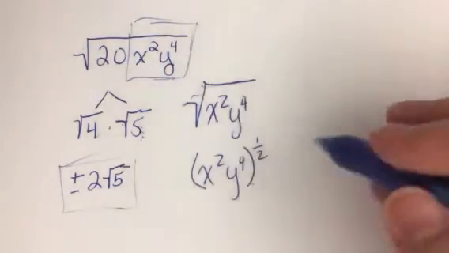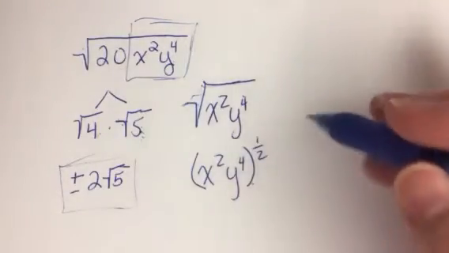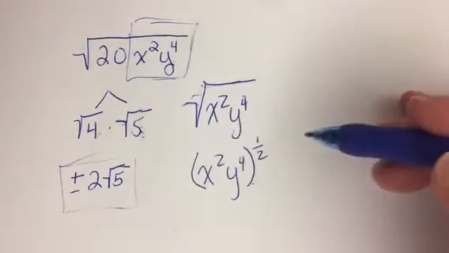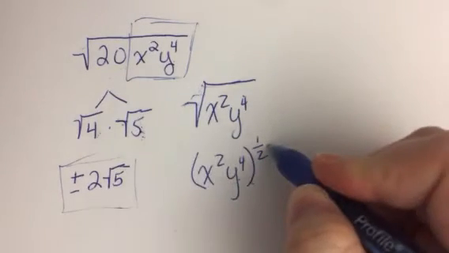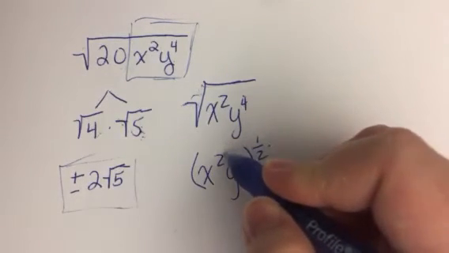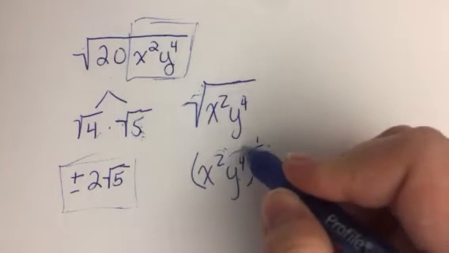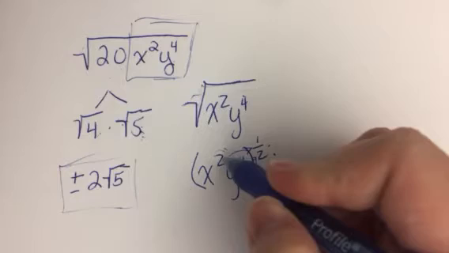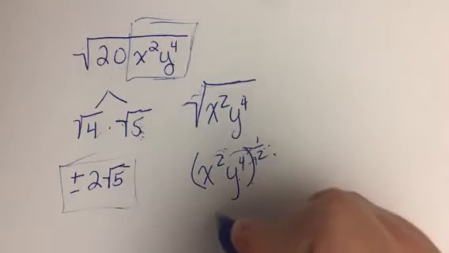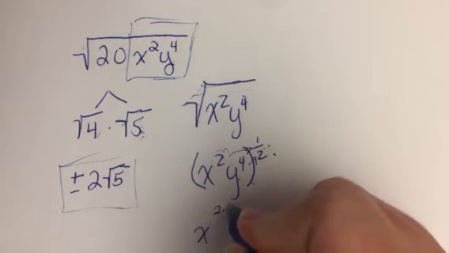Now I can use my exponent properties to finish simplifying this problem. When I have a product to a power, I take each exponent and multiply it by the exponent that's on the outside of the parentheses. So I'm going to do 2 times 1/2. That's going to give me x to the 2 times 1/2 power.